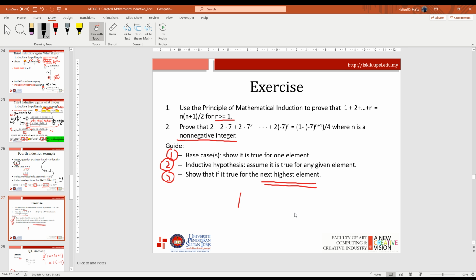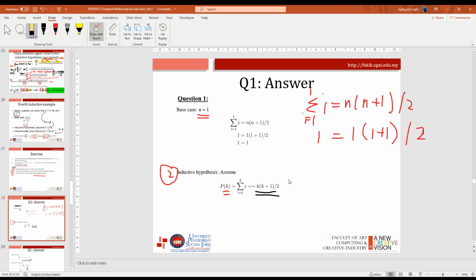Okay, this one is exercise, principle 1 to 3. Show the inductive hypothesis, and lastly show if it is true for the highest element. For the base case n equivalent to 1, we finally find out the same is true. Inductive hypothesis: assume n equivalent to k. Okay, this one is the next step.